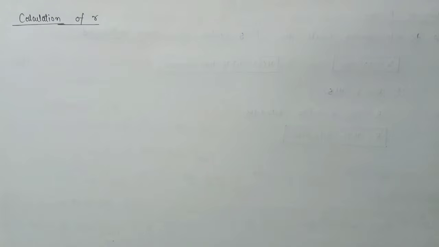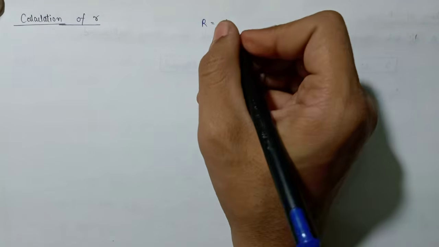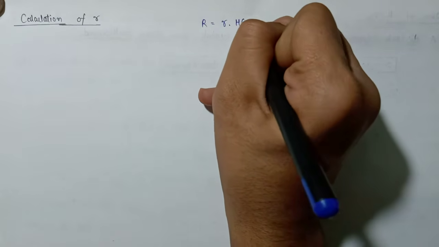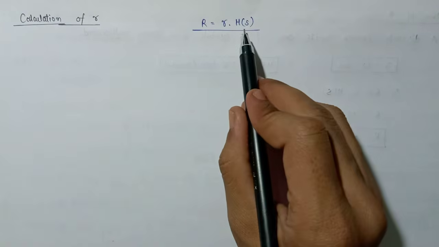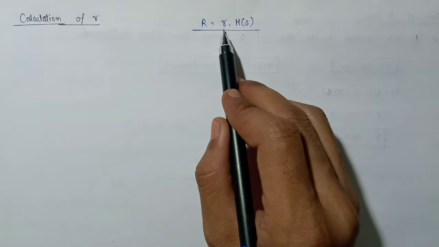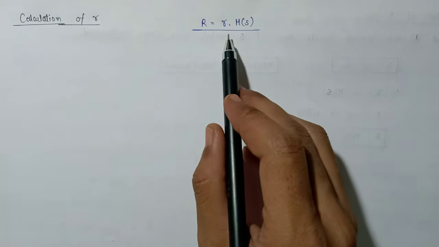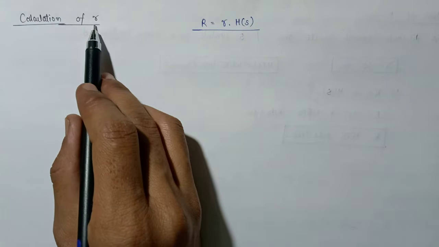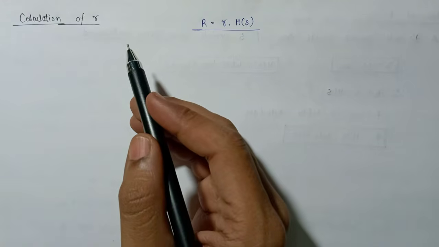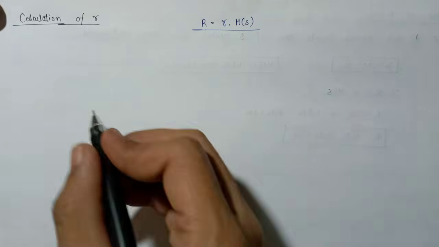For the calculation of the rate of information R, we know that its formula is small r into H of S. We calculated the value of H of S, but we do not have the value of small r. Small r specifies the rate at which the symbols are transmitted by the discrete source.